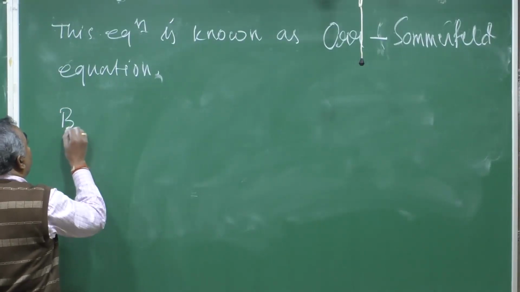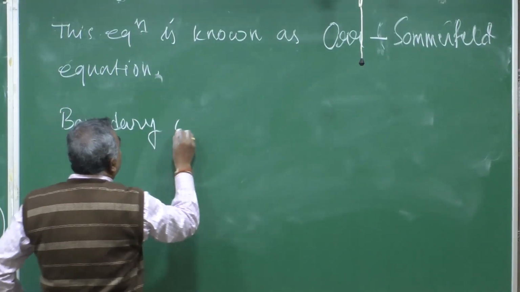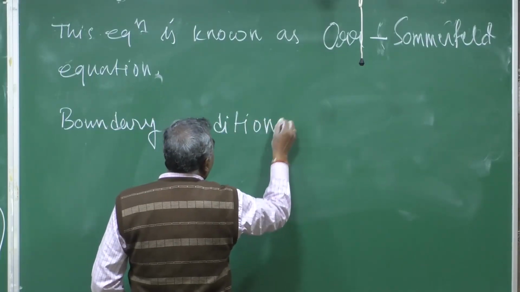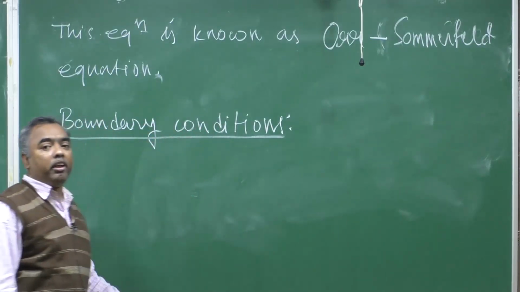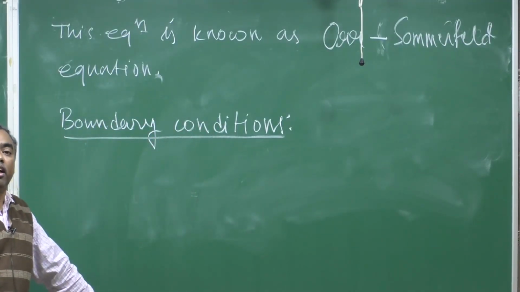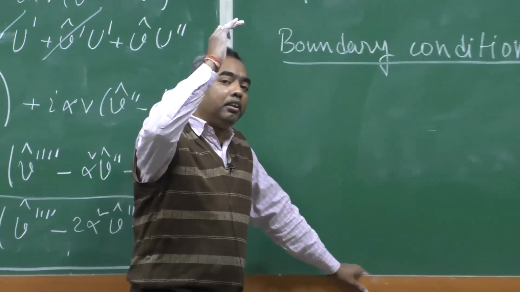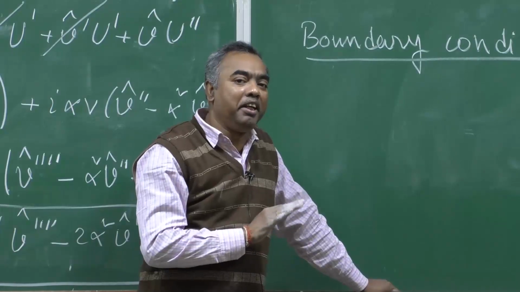What are the boundary conditions? Okay. So, it is a disturbance equation and we want the disturbance to be 0 in the far stream as well as on the wall. So, that is the main condition.